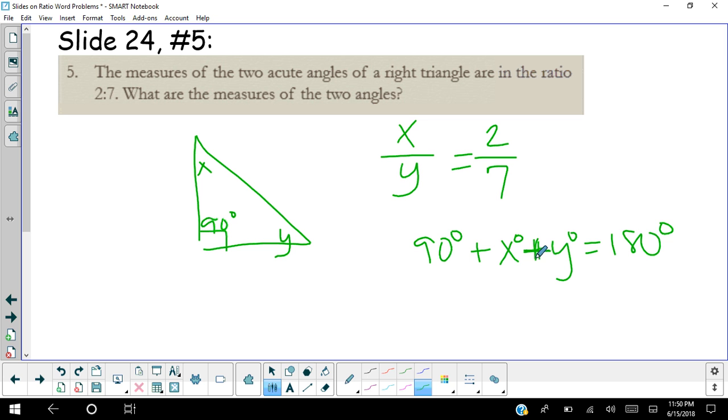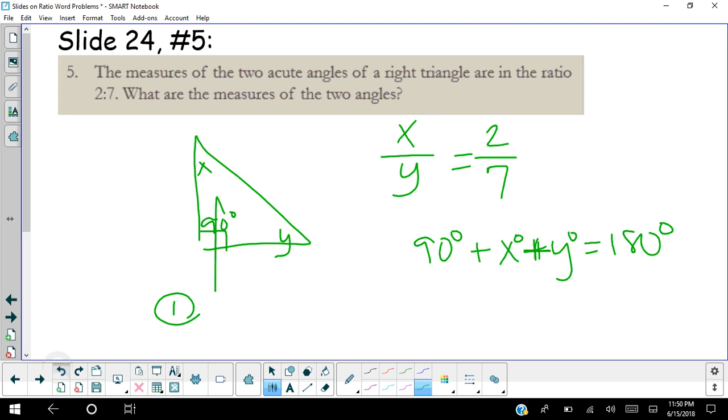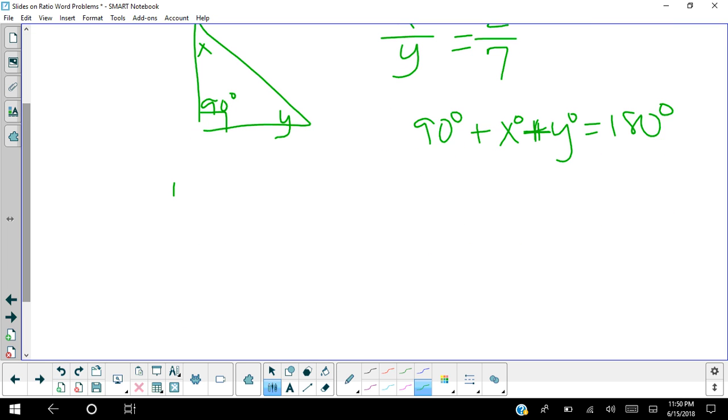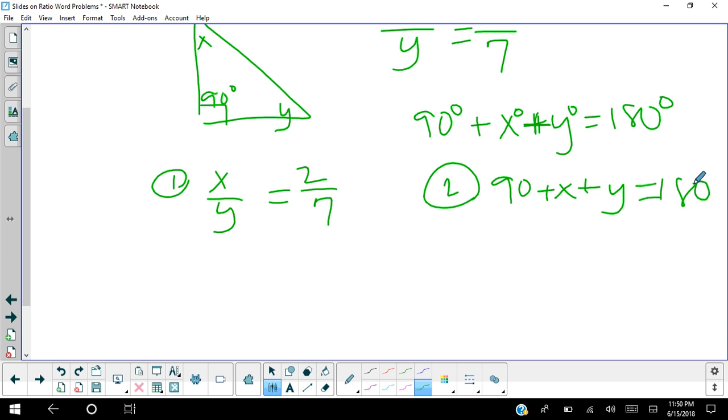Okay, so my two equations that I have to work with are, x over y is equal to 2 over 7. And my second equation is that 90 plus x plus y is equal to 180.